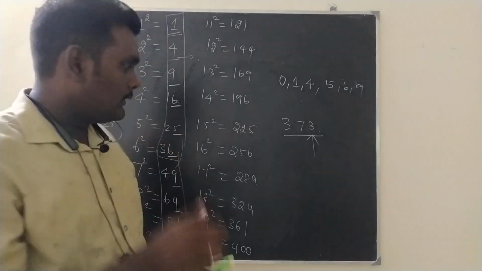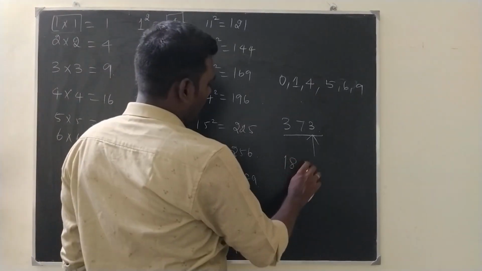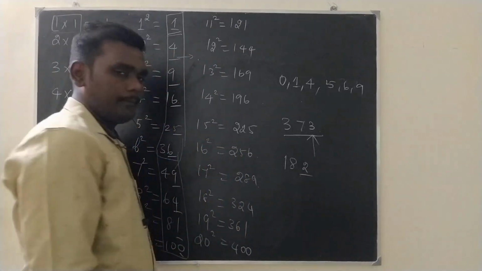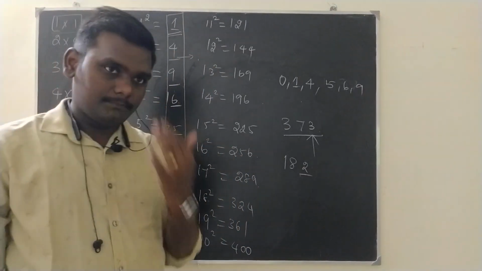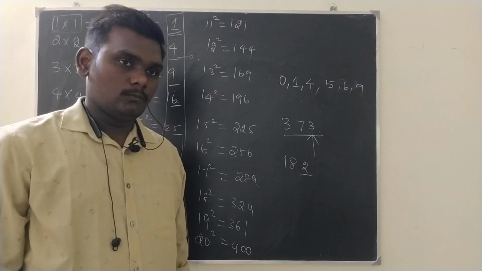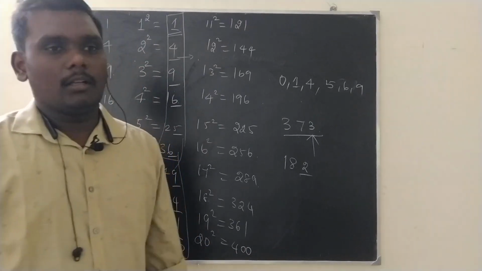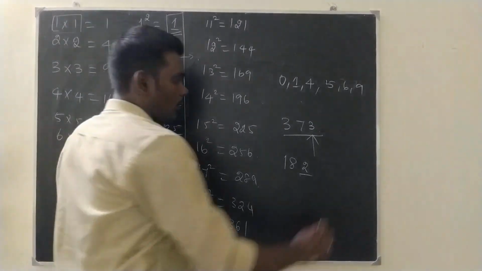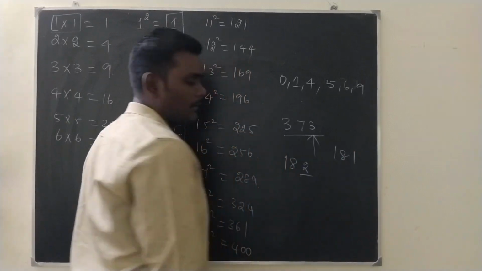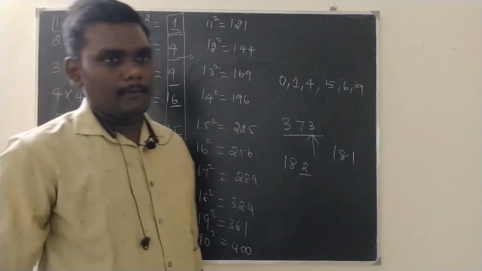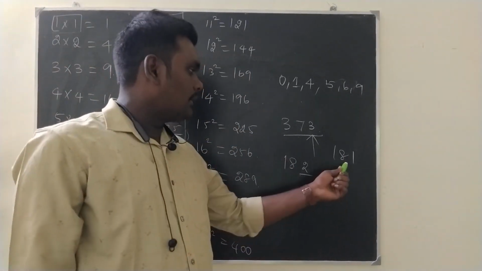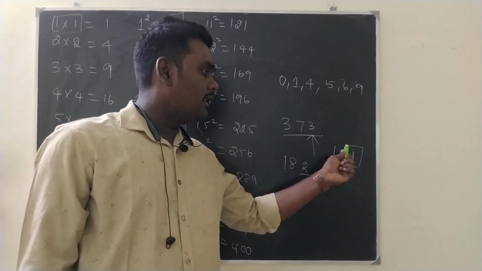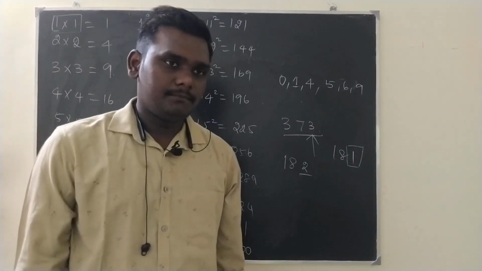Okay. Now 182, is this a perfect square? No, it is not a perfect square. Okay. Now 181, is this a perfect square? Looks like it is a perfect square, but it need not be.